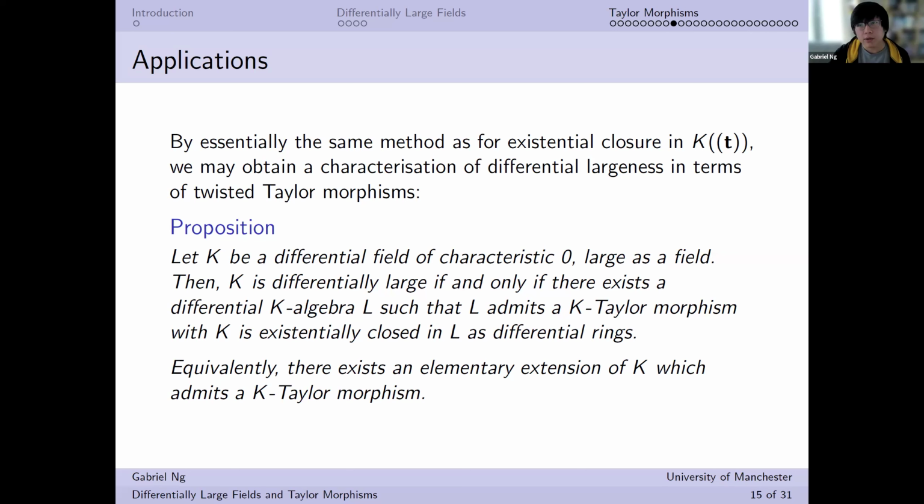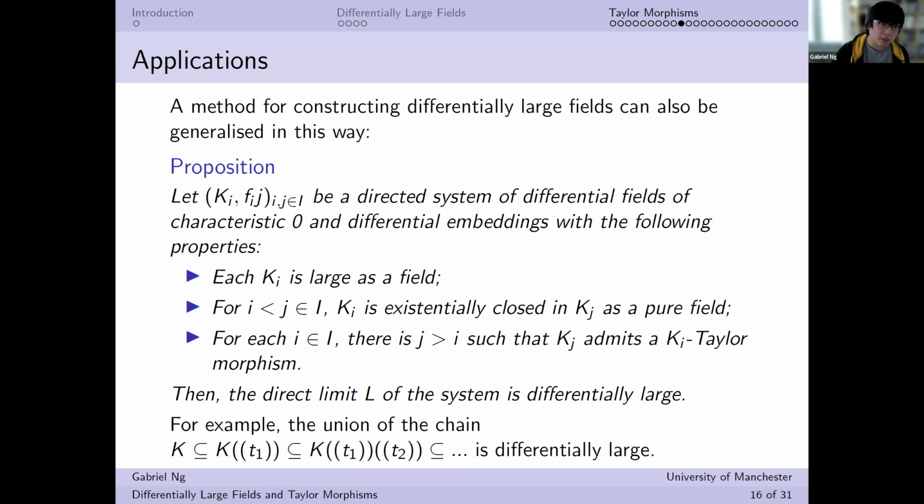Okay, and you can also generalize a construction of these differentially large fields in a similar way. If we have a directed system of differential fields of characteristic 0, and the F_ij are differential embeddings such that each of them is large as a field, and if we take two elements in the chain, then the lower one is existentially closed in the upper one as fields.